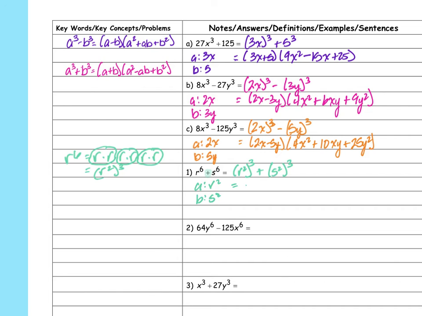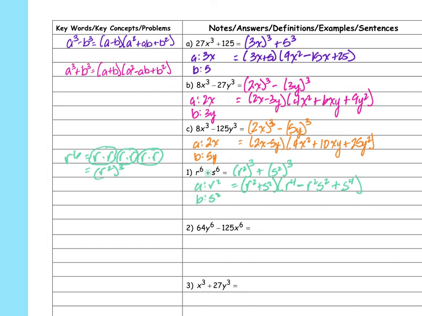So A plus B, r squared plus s squared, times A squared, which would mean r to the 4th power, minus A times B, r squared s squared, plus B squared, which would be s to the 4th power.